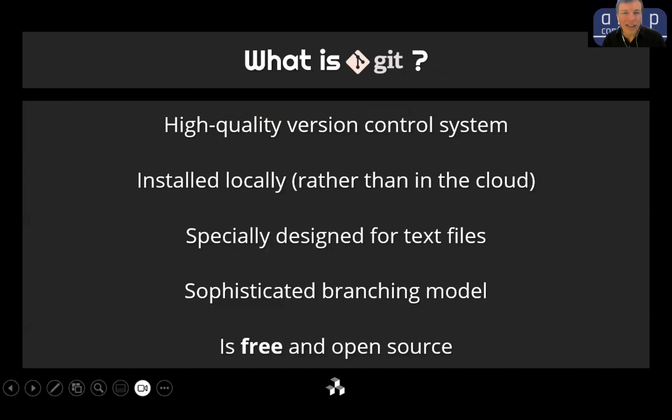So talking about ABAPGit, it's ABAP and it's Git. So we need to understand first what is Git. It's a version control system. You know that there's some kind of version management inside the ABAP system. It takes snapshots of your objects every now and then, usually when transports are released.